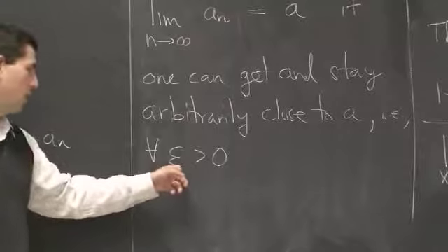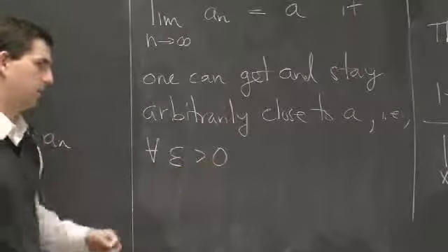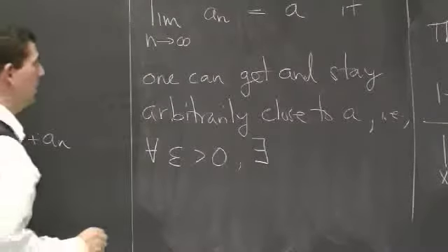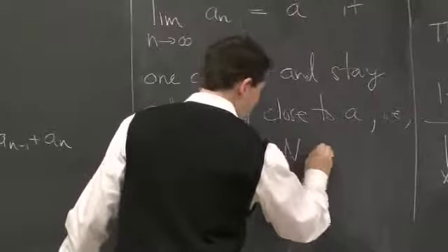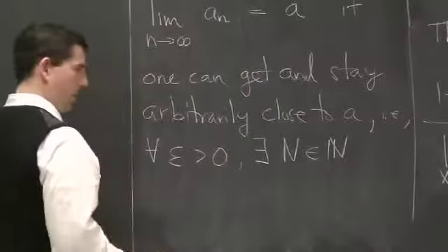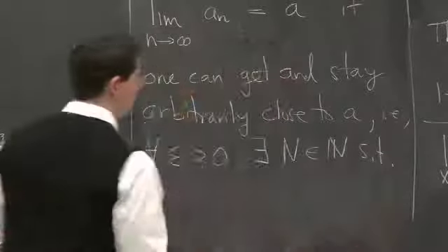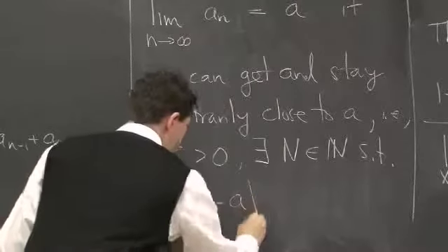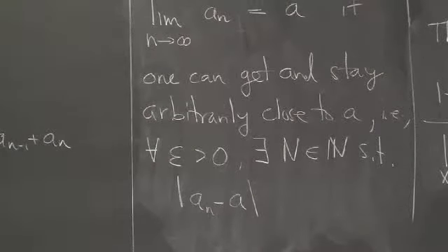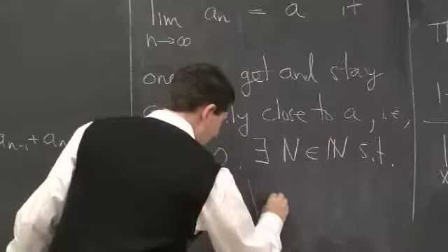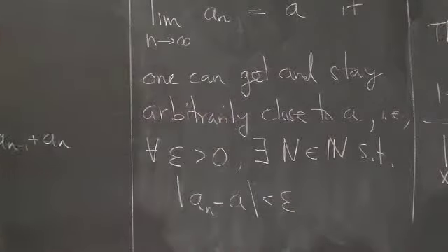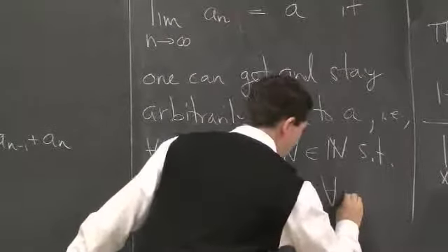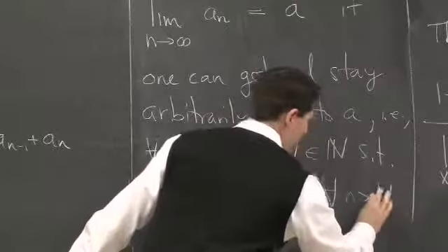So it says for all real numbers epsilon greater than 0, remember this backwards E meant there exists, there exists some N, which is a natural number, such that the absolute value of a_n minus A is less than epsilon, for all n greater than or equal to big N.